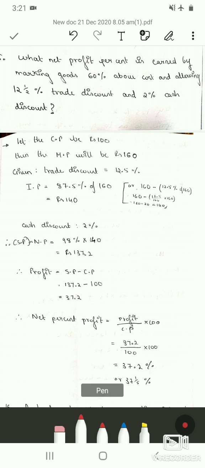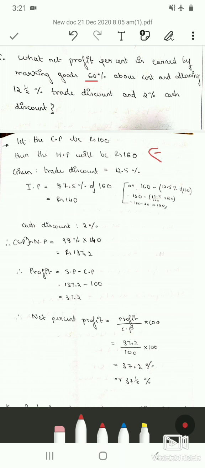So here let us assume the cost price to be 100 rupees, and they have said a merchant or an agent earns 60% profit. So therefore the marked price would be 160 rupees. That is 60% of 100 is 60 rupees. Therefore the marked price would be 100 plus 60, which is 160 rupees.